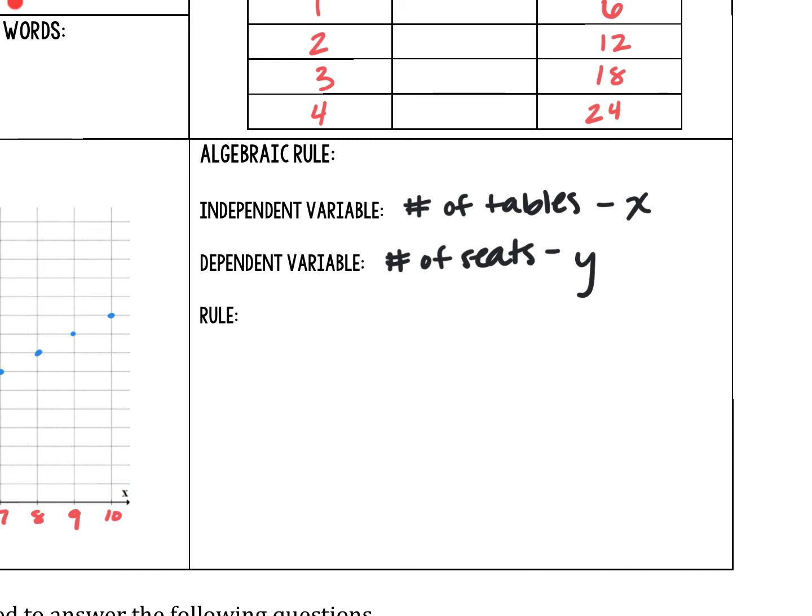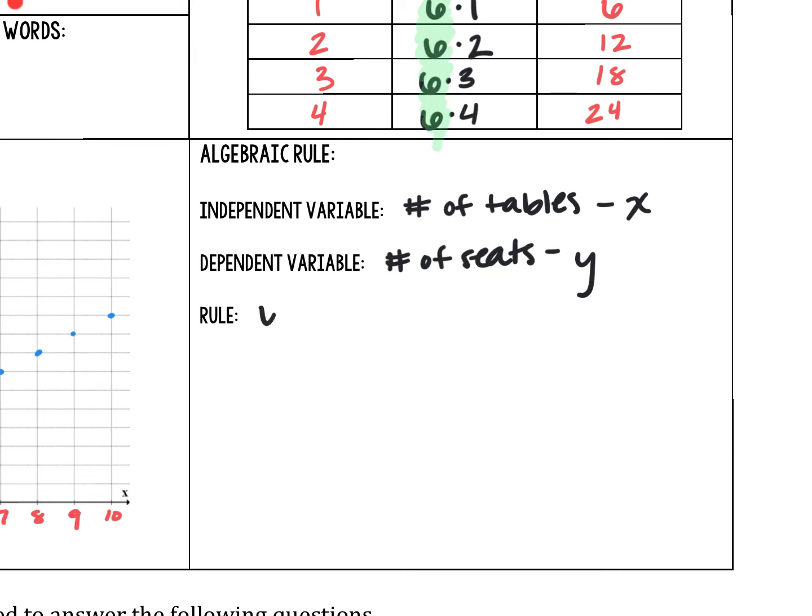For the next one, I did 6 people times 1 table, 6 people times 2 tables, and so on and so on. So we can see that in our rule, this thing that stays the same every time is always this 6 piece.